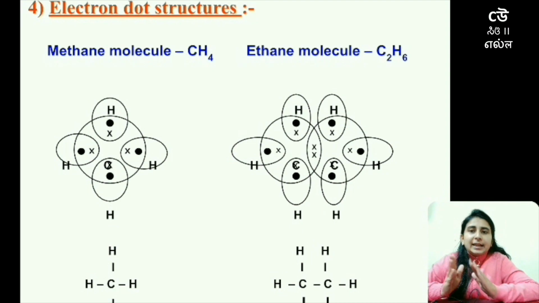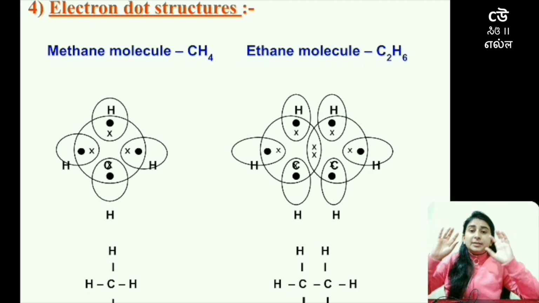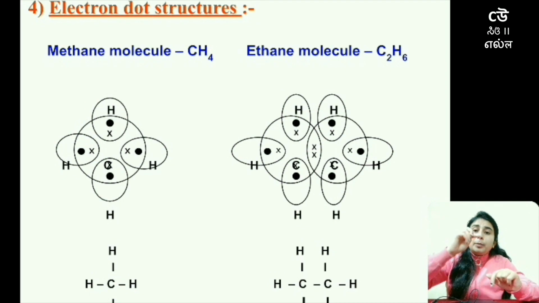उसी तरीके से in the second case also, where we have ethane, what happens is the number of carbon atoms are 2. So centermost position में you have to place carbon atom followed by 6 hydrogen atom.